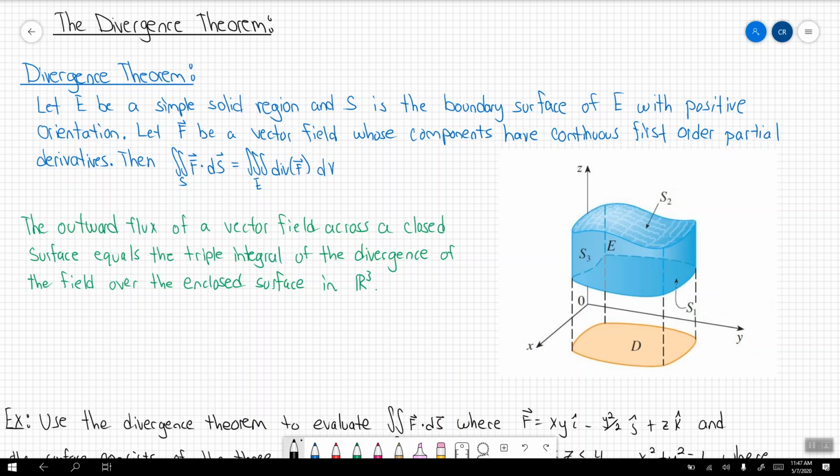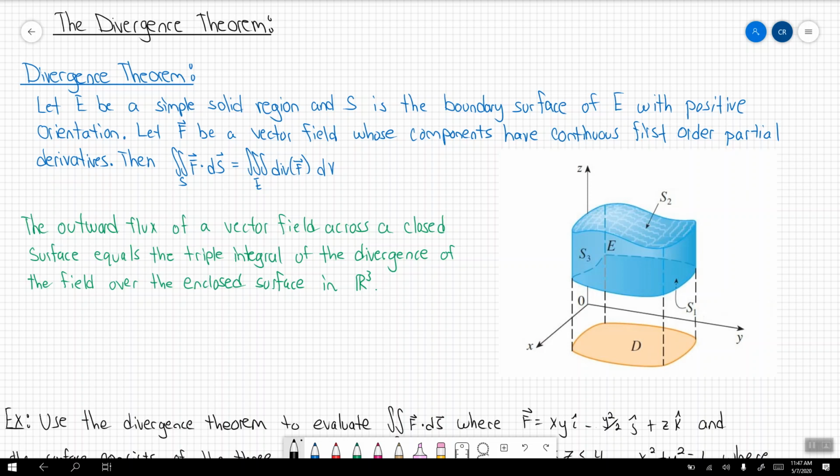This kind of goes back to what Stokes' theorem was saying. Stokes' theorem was just a surface that was bounding some sort of region, but we never really defined that region that it was bounding. All we were looking at was this surface being placed into this vector field. Well, now we want to take it a step further.